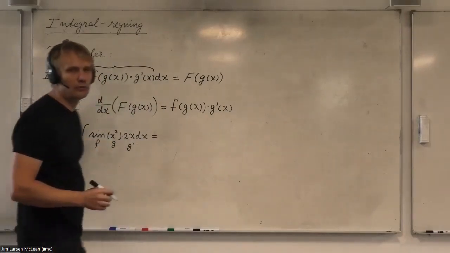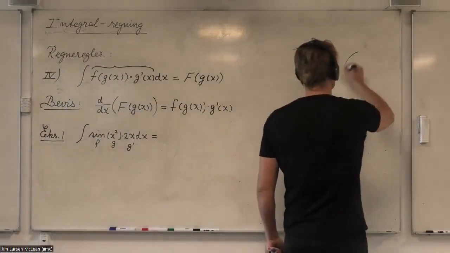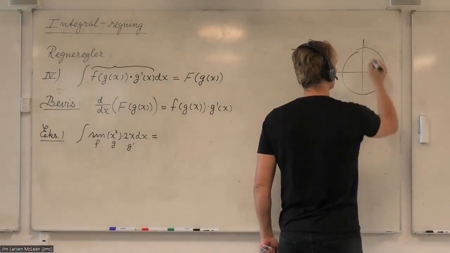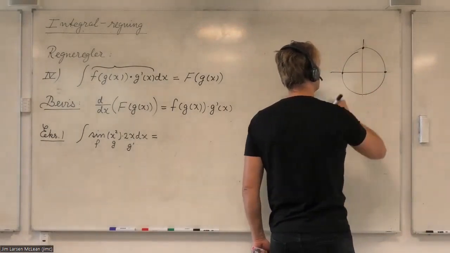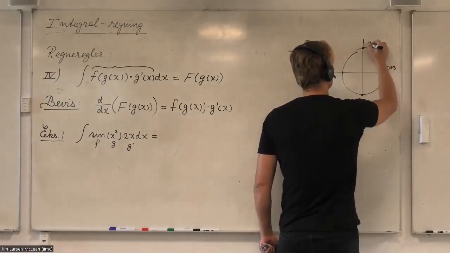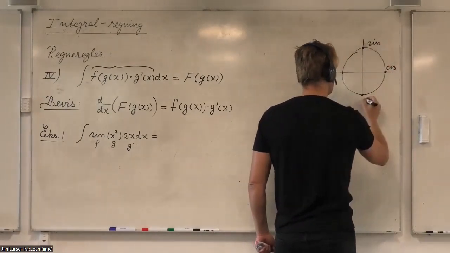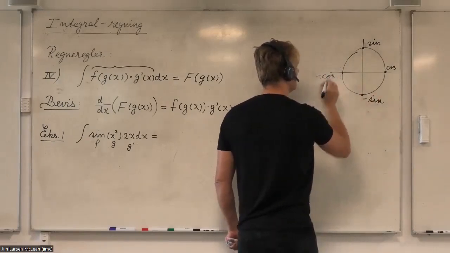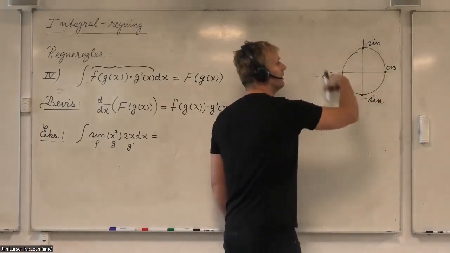If you don't remember it, you should draw one of the circles. Do you remember? Here was cos, here was sine, here was minus cos, here was minus sine. And I need to integrate, so I should go that way.